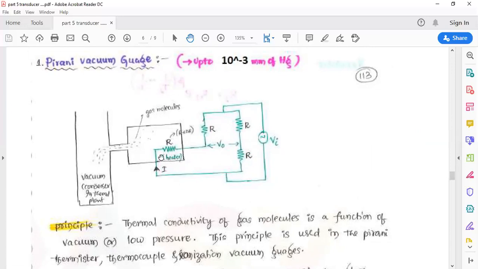These four resistances are connected in the form of a bridge, you can see, and here voltage is measured. Initially this bridge is in balanced condition, V naught is 0. As the resistance changes, there will be a change in voltage, either positive or negative. We can measure it with the help of a voltmeter. Now, how does it work?